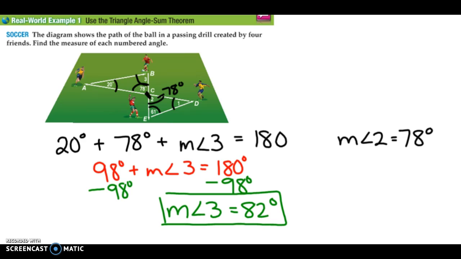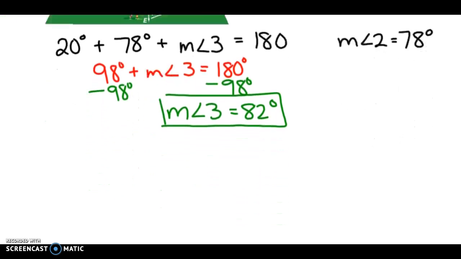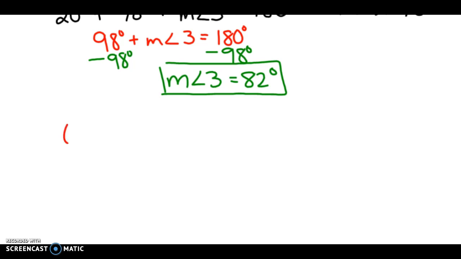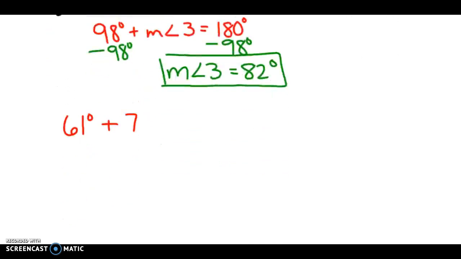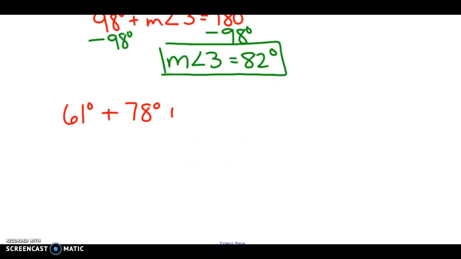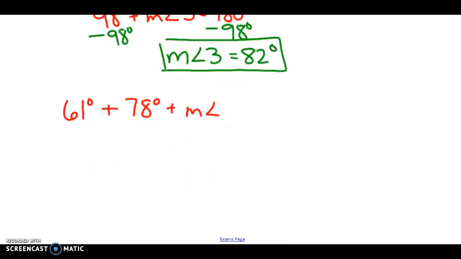So now that I know two of the measures, I can use that information to find the third. I set up my problem very similarly. I say 61 degrees plus the 78 degrees that we already knew, plus the measure of angle 1, which is what we're looking for, has to add up to 180 degrees.